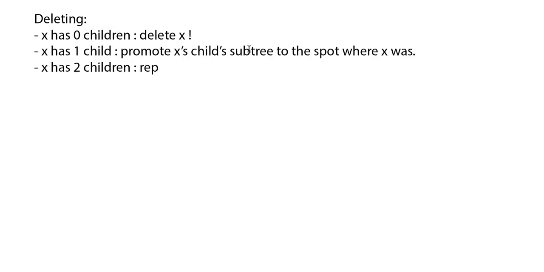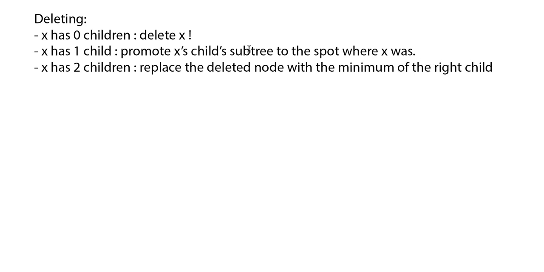Each of the scenarios, though, I would say is relatively simple, and you'll see even this last one. So we just replace the deleted node with the minimum of the right child's subtree.